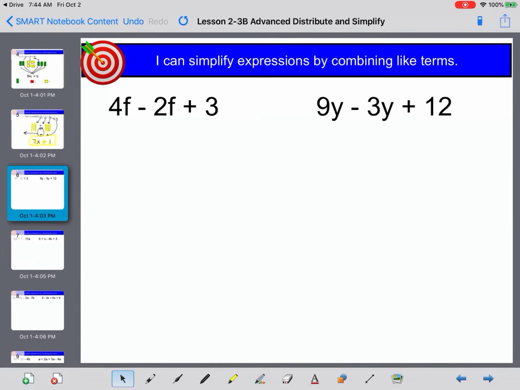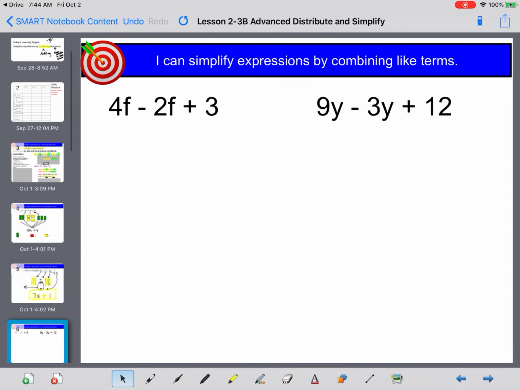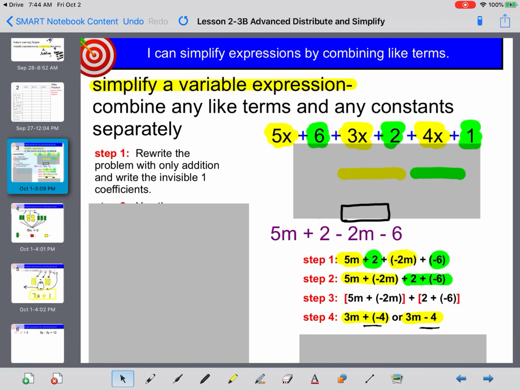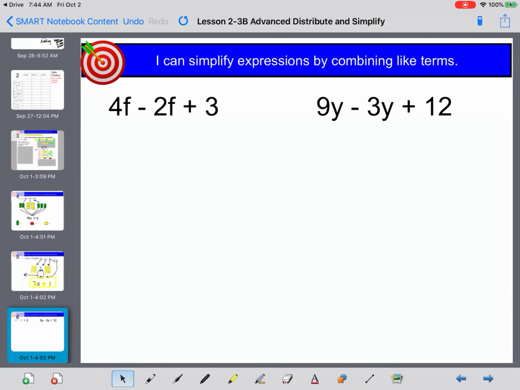The first step that we talked about, and you can look back in your notes, is to rewrite the problem using only addition and write invisible 1 coefficients. All right, so let's rewrite this problem as 4f. Then I'm going to change this to adding negative 2f plus 3.